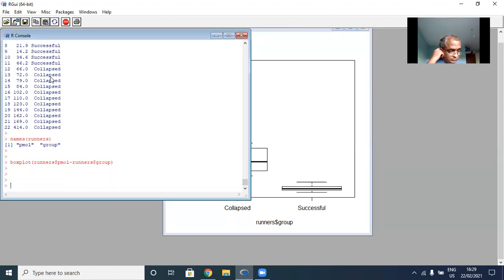Now, another thing you can do is to look at the runners that correspond to high concentration. So we are looking for all the runners who have a concentration exceeding 100, right?